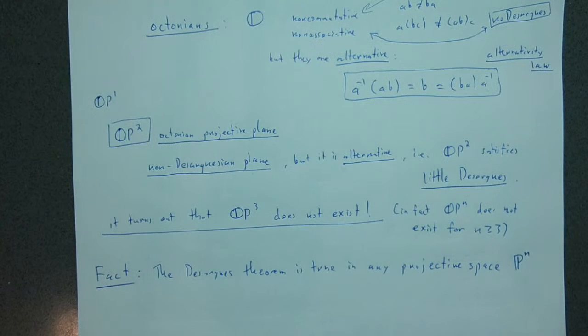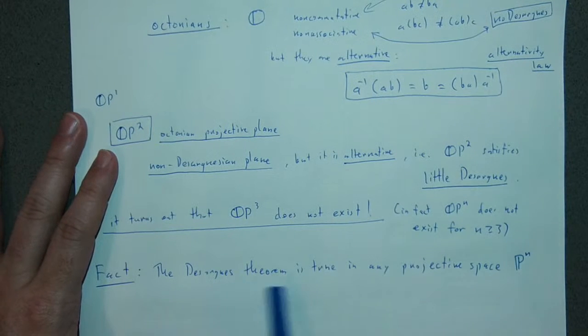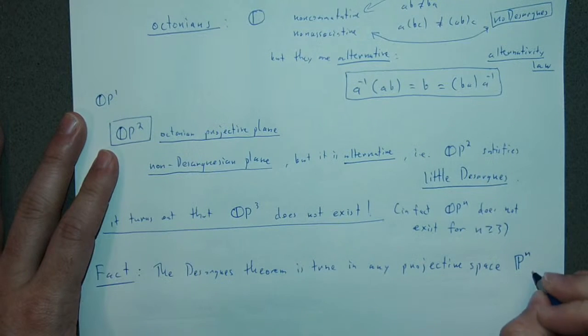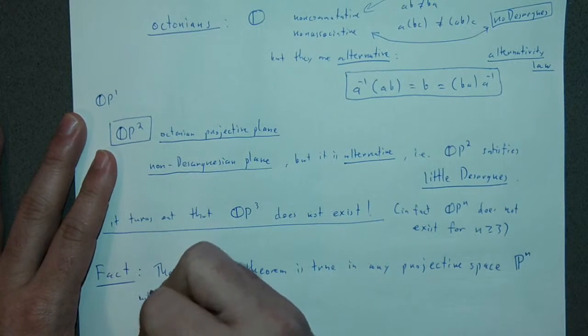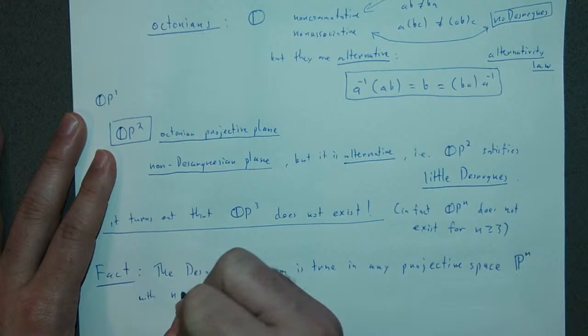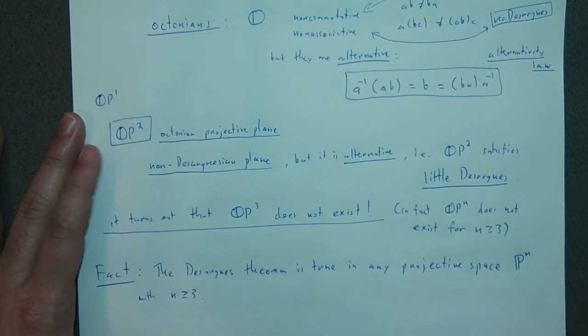Maybe it's RPn, maybe it's CPn, maybe it's HPn, maybe it's a projective space of some other construction, but it is an n-dimensional projective space defined in that same generalized way that we did to define RPn and CPn. The Desargues theorem is true in any projective space Pn with n greater than or equal to 3.